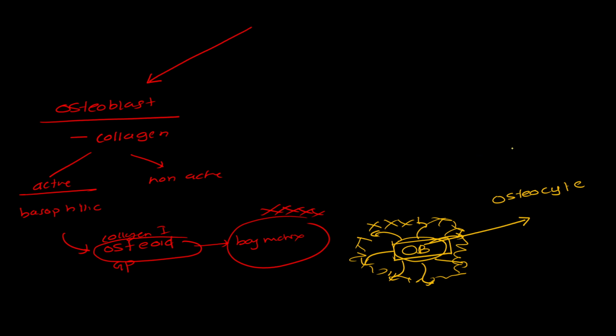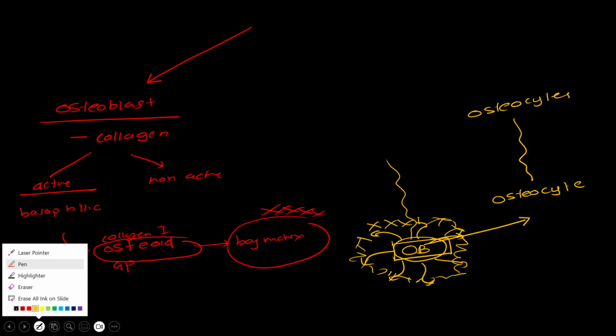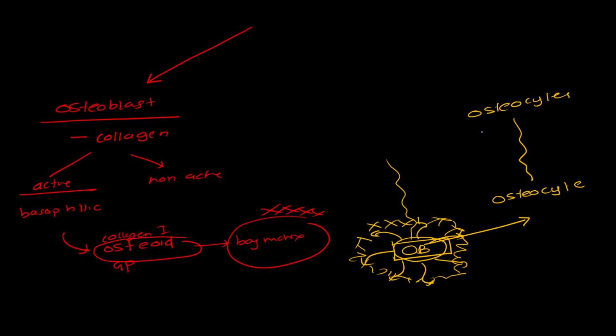So these osteocytes, which are present in multiple units, now start communicating. Initially even the osteoblasts had communication, but the structures which allowed the communication were known as dendrites.